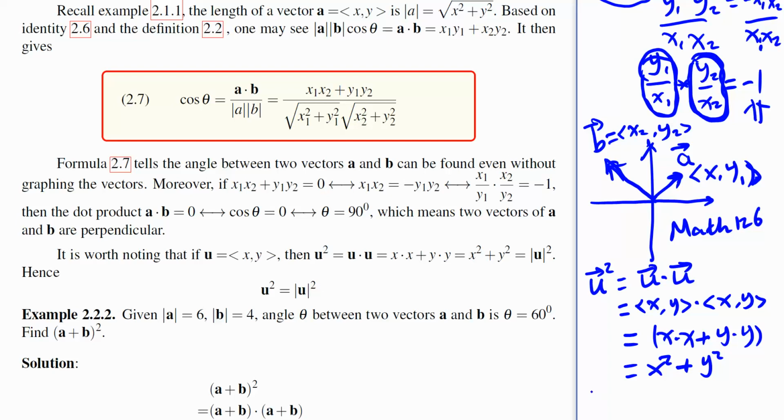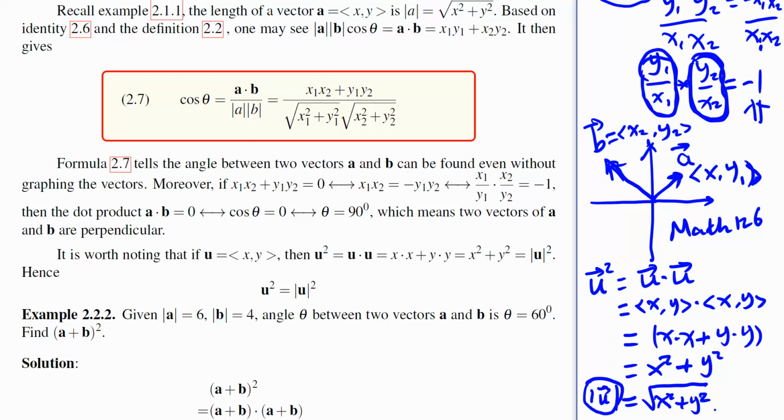We know absolute value means the magnitude of U. What you do is you take x squared plus y squared, and then choose the radical, the square root, and you will get the length or magnitude.